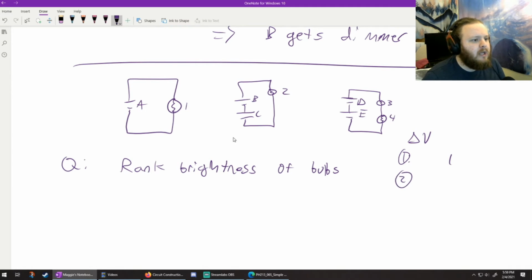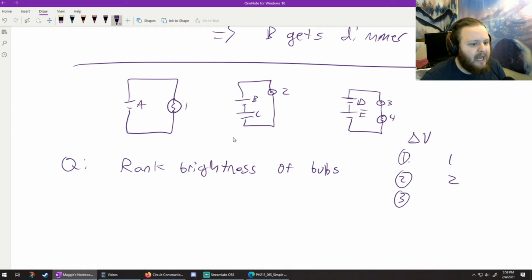Bulb 2 has both the potential differences of B and C in the loop. And so bulb 2 must be dropping the potential difference given by voltage sources C and B. So this has 2 delta V's worth of potential dropping across it. For D and E, I'm going to gain 2 voltage sources' worth of potential, and then I'm going to drop it across 2 light bulbs.